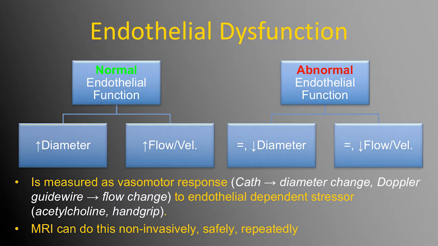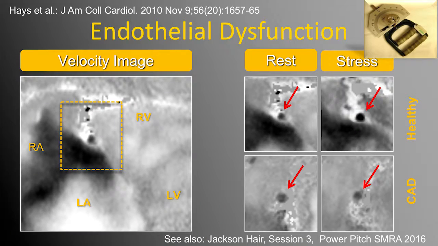And this is measured as vasomotor response, in change in response to an endothelial dependent stressor, which can be a hand grip, for instance. Alison Hays and her group did that at Johns Hopkins, where you can see here a healthy volunteer at rest and during stress.